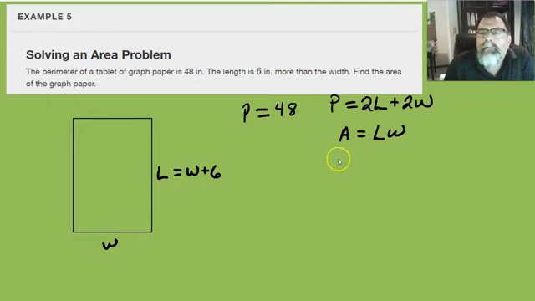All right, so the perimeter is 2L plus 2W, but L is W plus 6. So 2 times W plus 6, plus 2W equals 48.